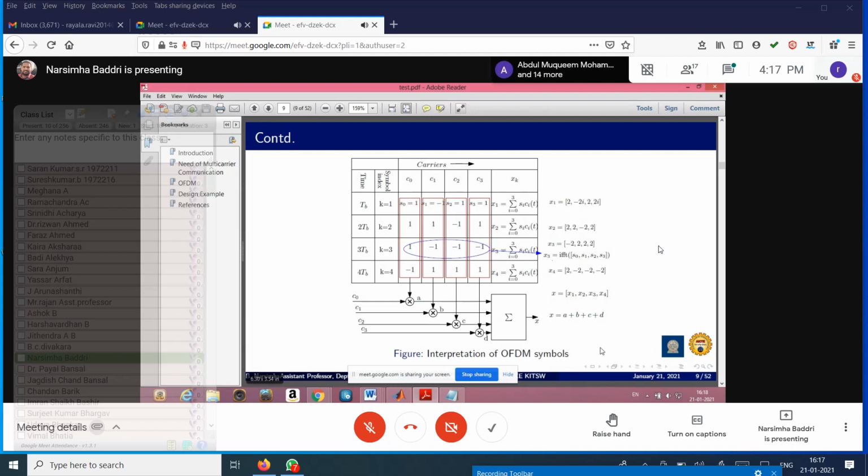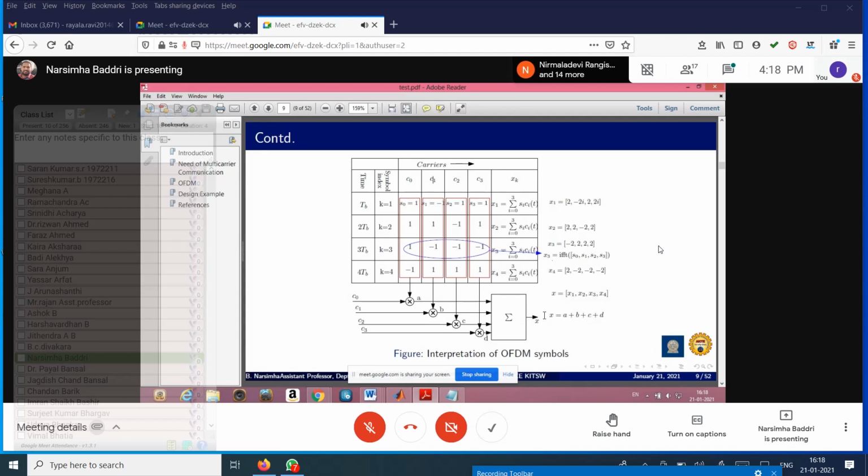And if you see the block diagram below, whatever data we take from these individual columns, this data is modulated with C0, this with C1, this with C2, C3. A, B, C, D are the resultant 4 parallel modulated data streams and we give them to the summer. The summation is performed, and this X gives the transmitting signal. X is equal to A plus B plus C plus D.